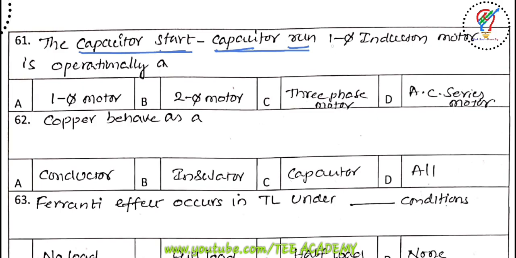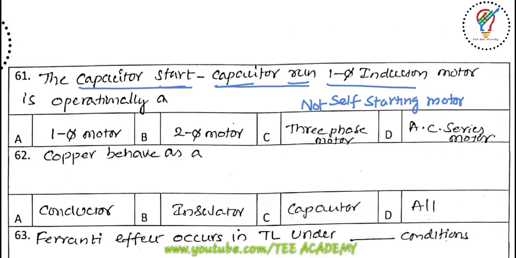Generally, the single phase induction motor is not a self starting motor. Remember this point. Suppose the same question appears with a three phase induction motor, then yes, a three phase induction motor is a self starting motor.